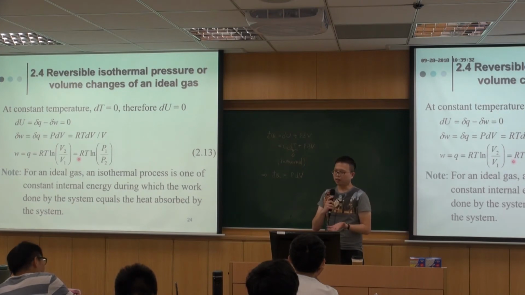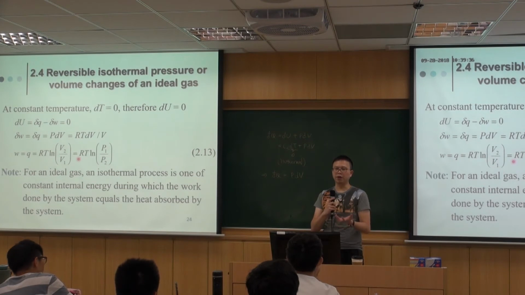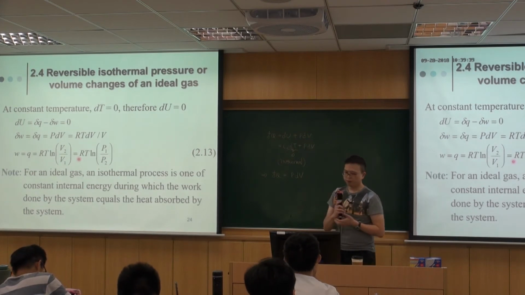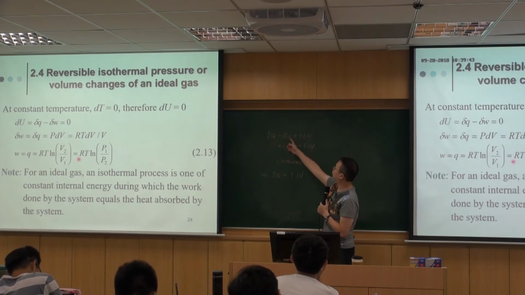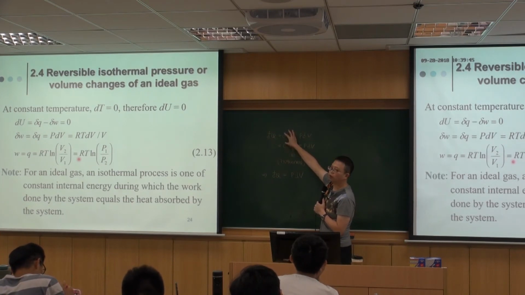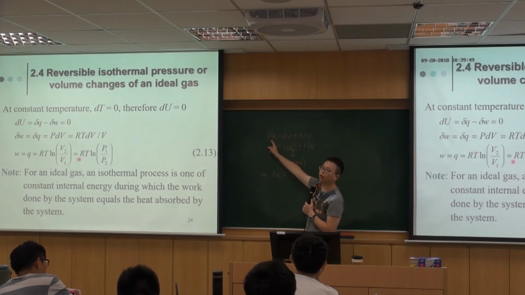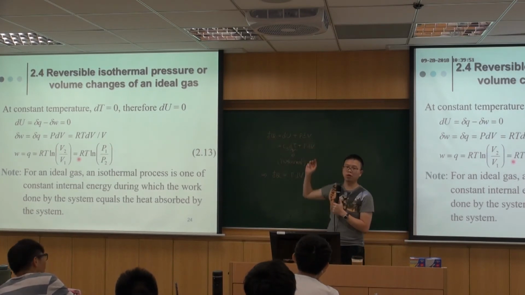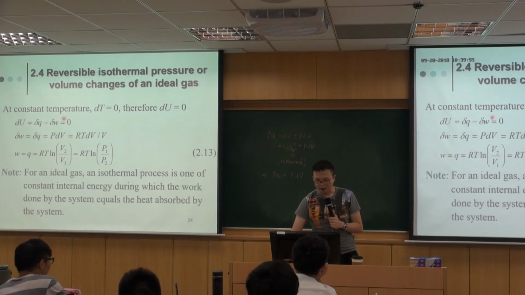So whatever heat that you supply to the system will be converted to work. Okay? So the internal energy is constant, so this part is 0. So whatever you supply to the system as heat will be converted to work. So that's what this line is about.